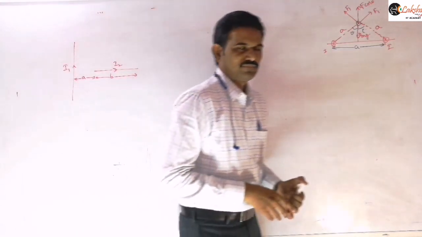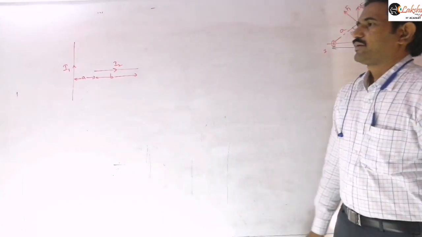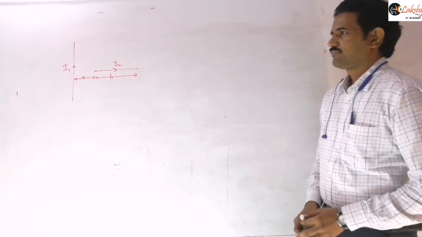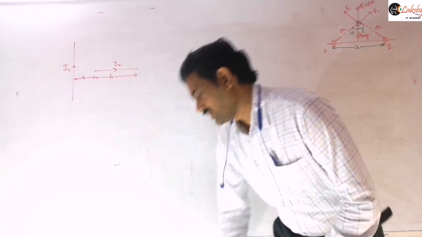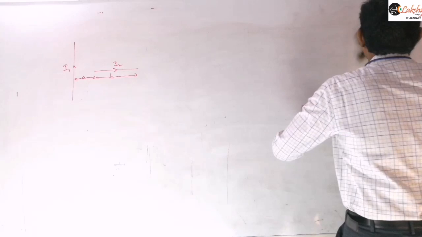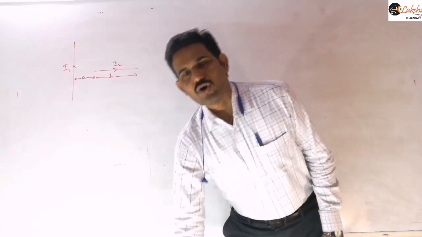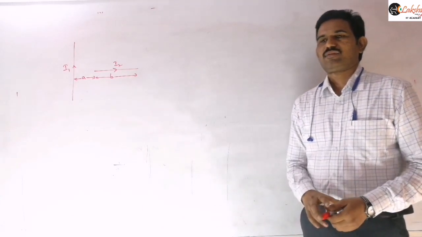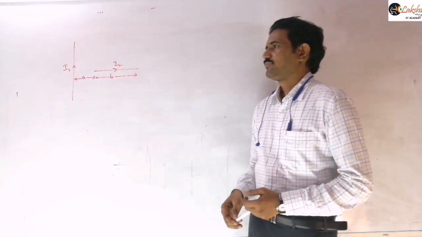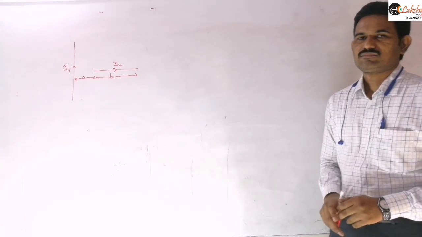Write that problem. A current carrying wire carrying some current I2 and length B is placed perpendicular to a long current carrying conductor, as shown in the figure.